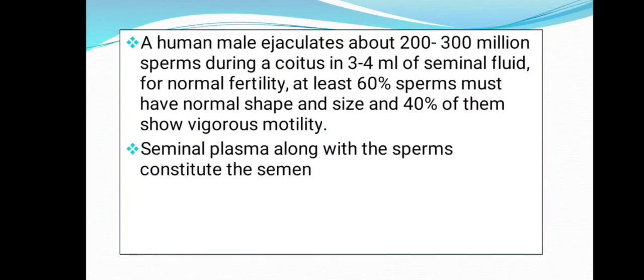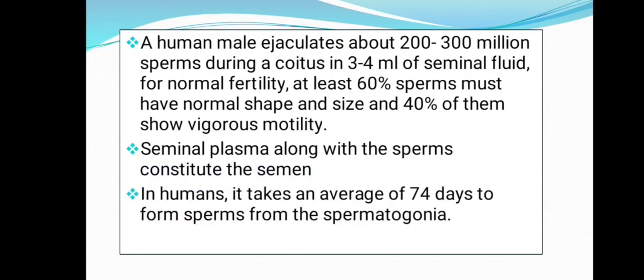The seminal plasma along with the sperms constitutes the semen. That is, semen is nothing but seminal plasma plus sperms. In humans, it takes an average of 74 days to form sperms from the spermatogonia.